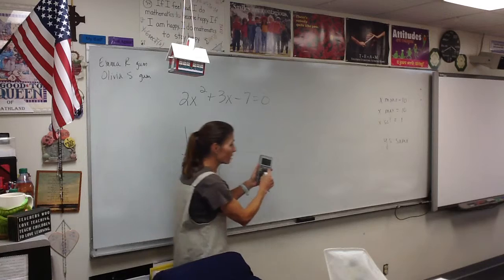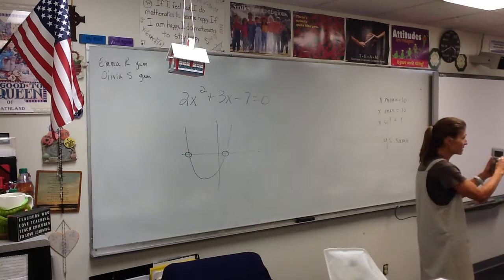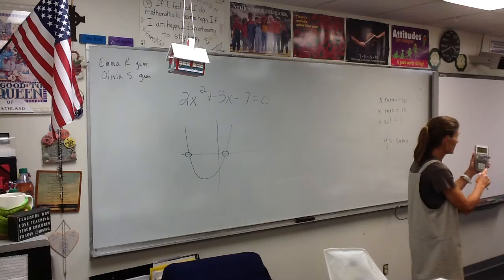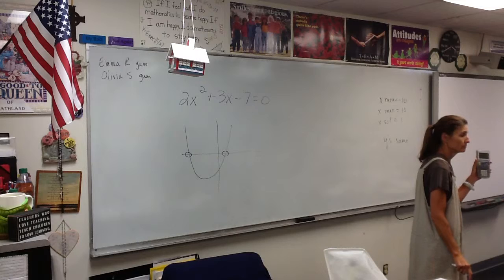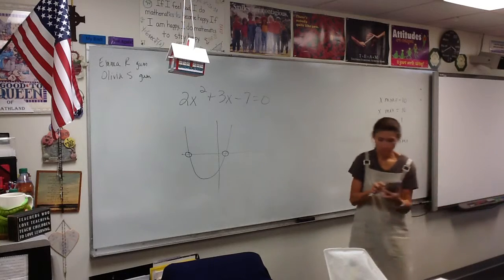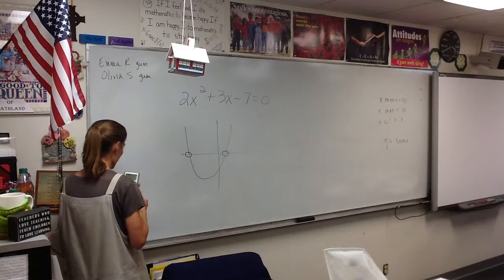Calc is in the top row right above the trace button. Press second trace. That gives you the calc menu. Go down to 0, hit enter. Now we're going to go left, hit enter, go right, hit enter, and then put it right on there and hit enter.